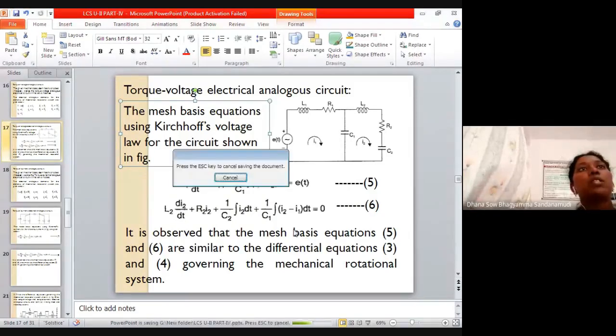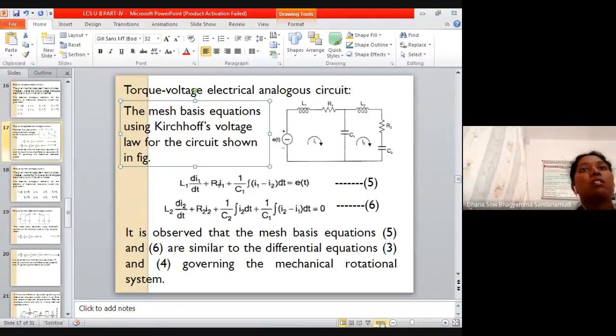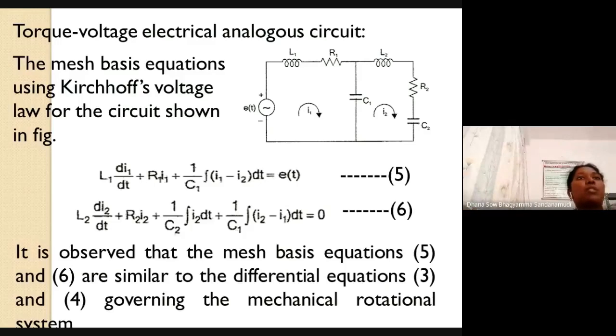How to write down those equations, you know that. If you observe, C1 is in between both the loops. That's why, for loop 1, this is the equation with I1 minus I2. This is the equation for loop 2, so I2 minus I1. That's all. So you have got these two equations.